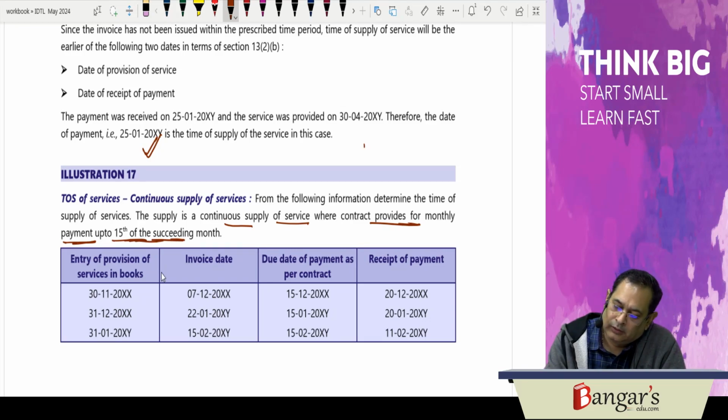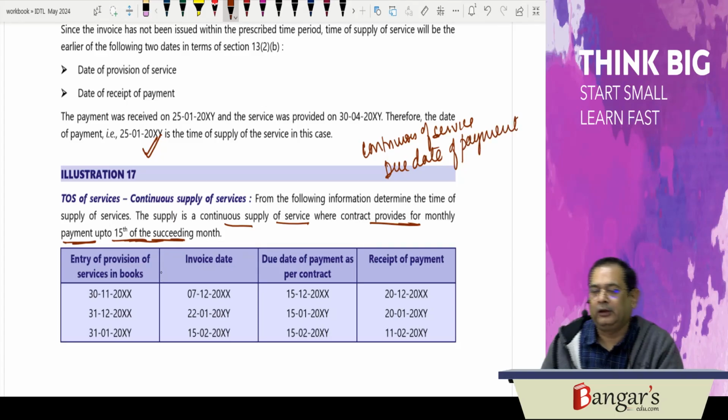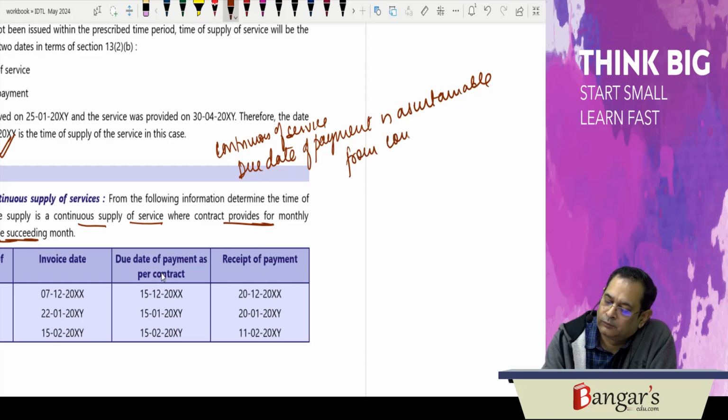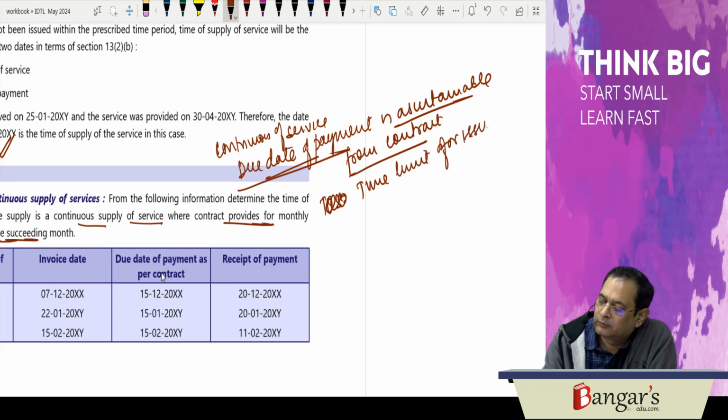So basically here, in case of continuous supply of service, if the due date of payment is ascertainable from the contract, the time limit for issuance of invoice will be what? On or before the due date.